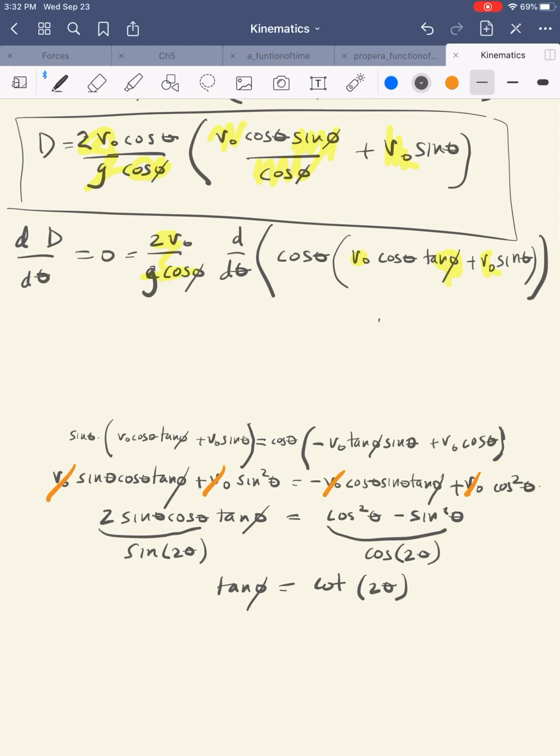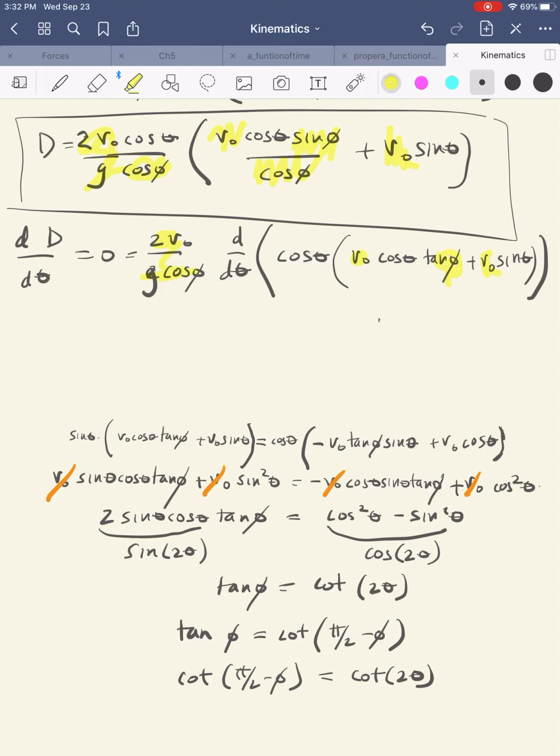Then I'm going to use the identity that tangent of phi is equal to cotangent of pi over 2 minus phi. And then I'm going to set cotangent of pi over 2 minus phi equal to cotangent of 2 theta.